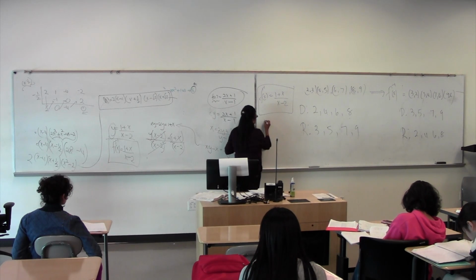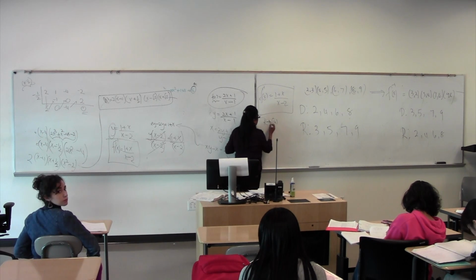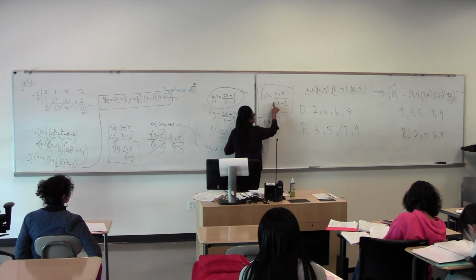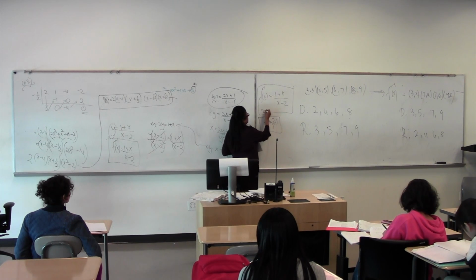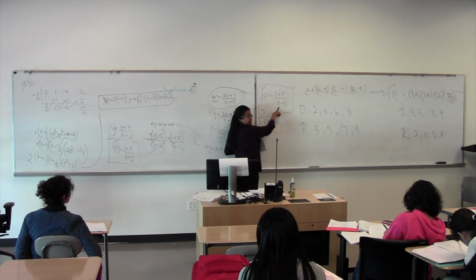Now therefore, what is the range here? We need to find the range of f of x. This is the question, and we are going to use this answer. What's the domain here? The domain of this is all x's are good except x equal to 2.